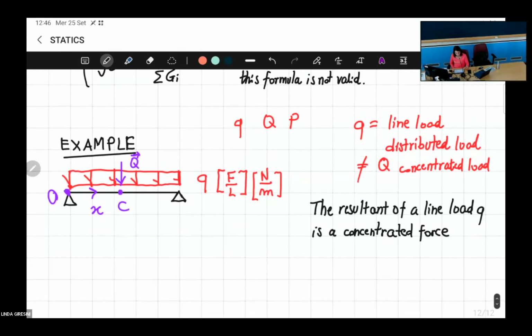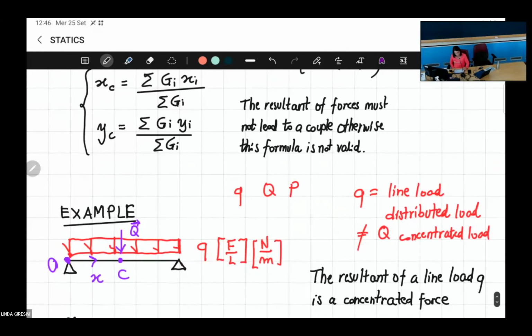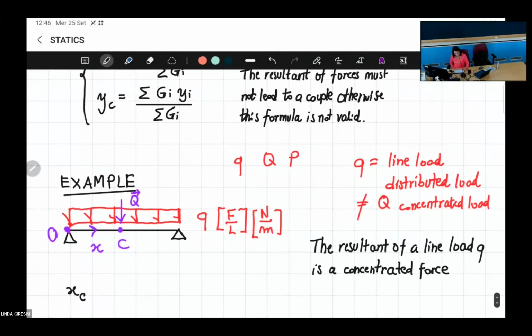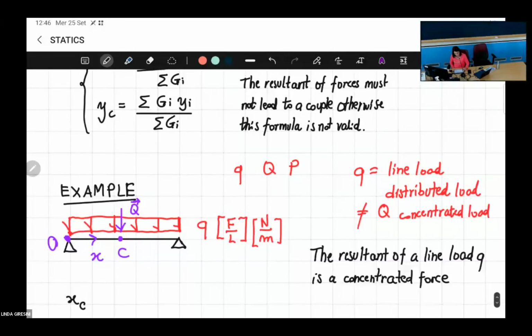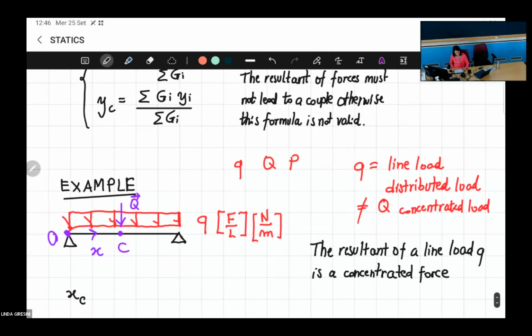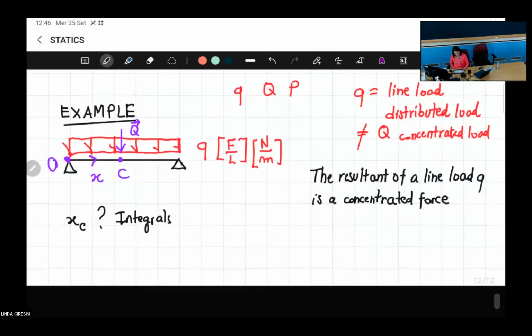Okay, so XC. Now, since we have a distributed load, what can we do? We have to use integrals. Don't worry, we will only use integrals a few times. This is one of the cases.